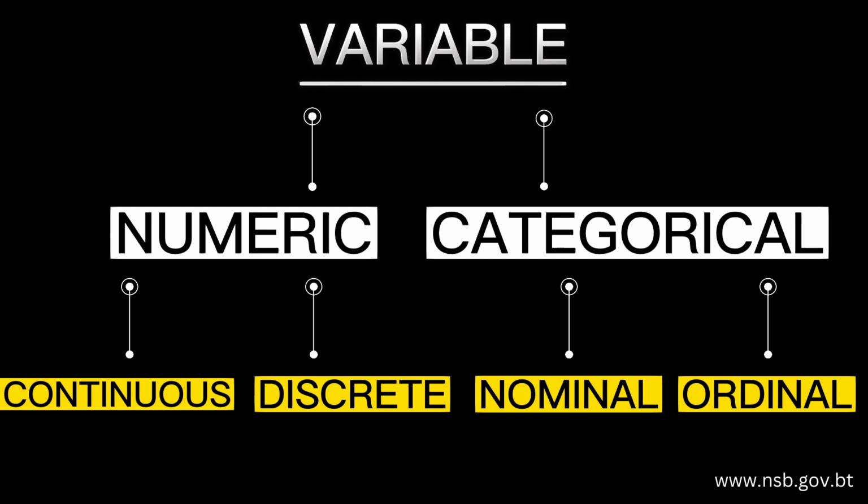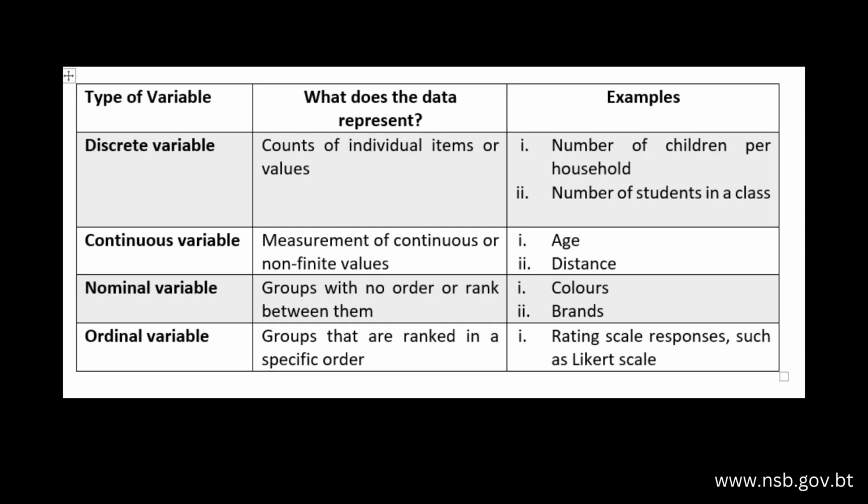For continuous and discrete variables, which are a subcategory of numeric variable, we can use mean or median to summarize the data. But for the ordinal and nominal variables, we should use proportions or percentages to summarize the data sets. We can summarize all the subcategories with this table.